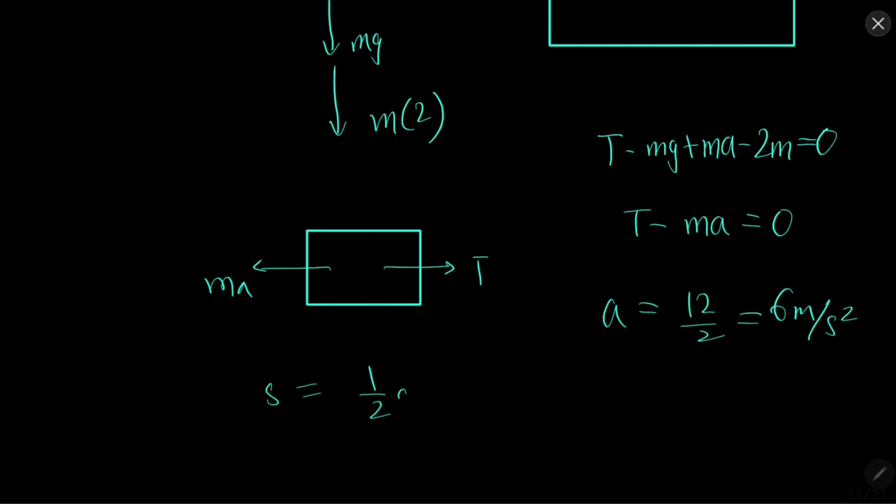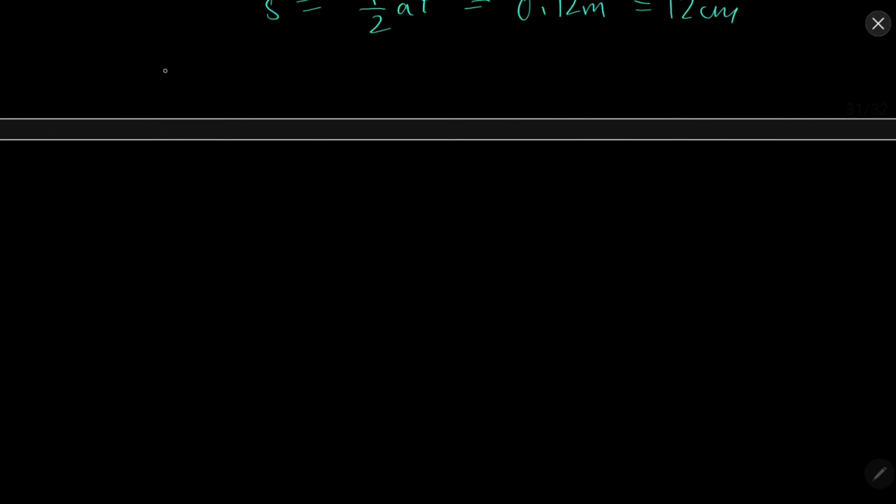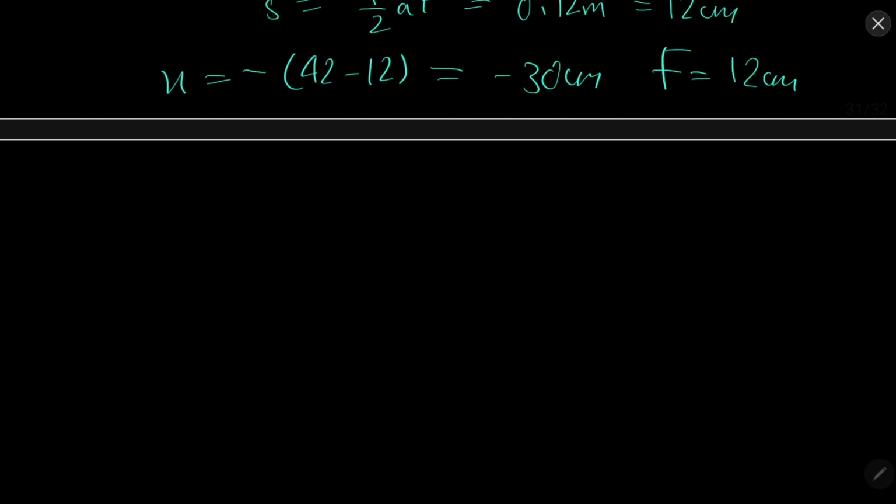Distance will be half at square, which will come out to be 0.12 meters, 12 centimeters. Distance from mirror will be u equal to minus 42 minus 12, minus 30 centimeter. F will be 12 centimeter. Then when we put, v will be 8.57 centimeter after simplifying this.